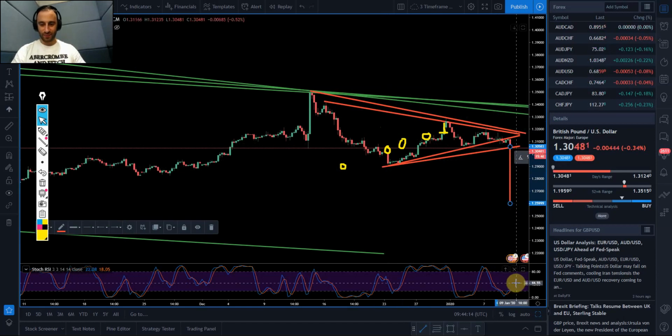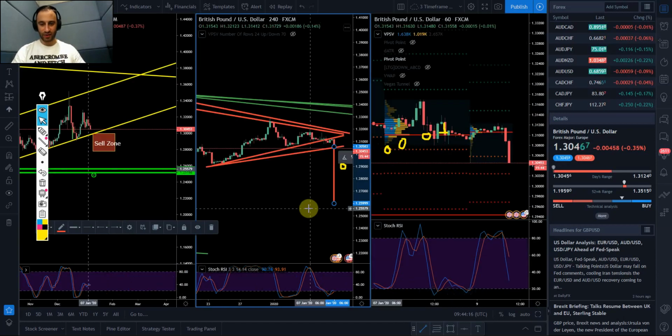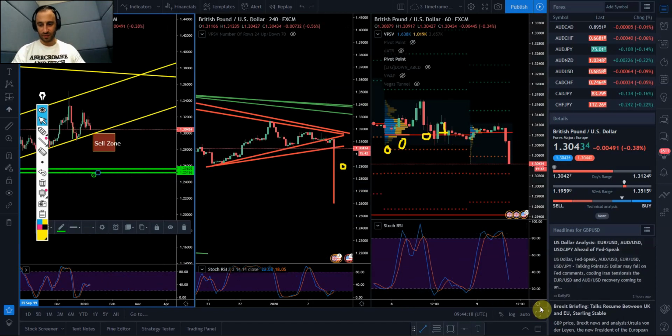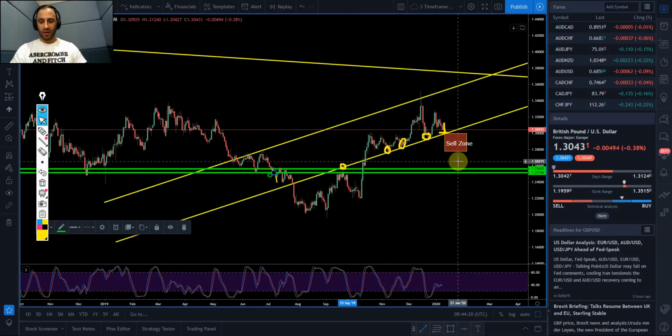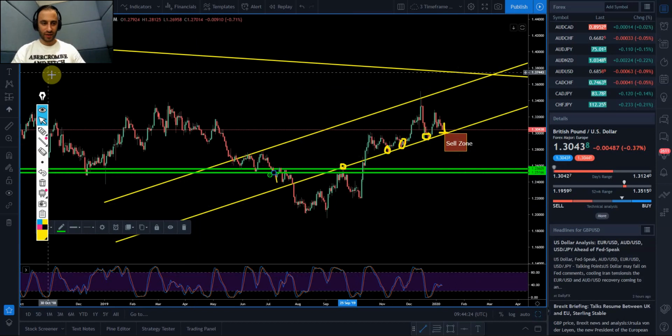Let's go back to that daily chart over here. Now 126 is heading back down towards this key level that I've identified here in green, which basically is a really good responsive zone.